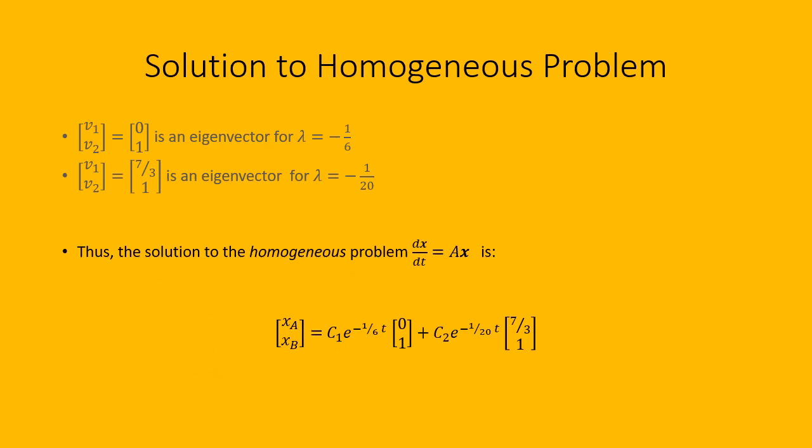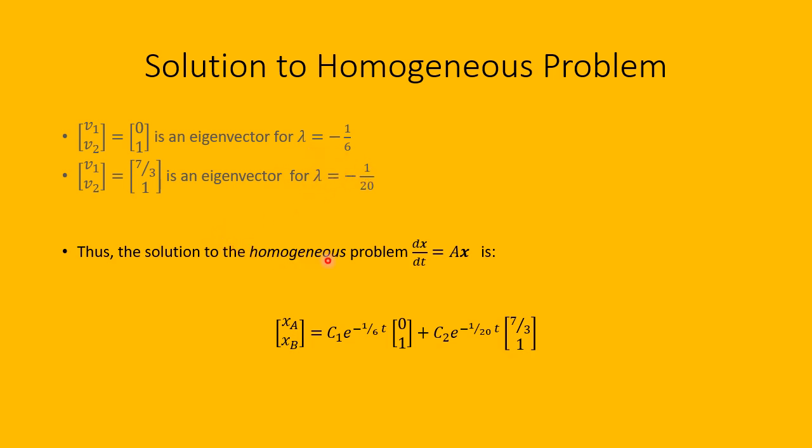So we found two eigenvectors. This one, 0, 1, is an eigenvector for lambda equals minus 1/6, that eigenvalue. This is an eigenvector corresponding to eigenvalue minus 1/20.